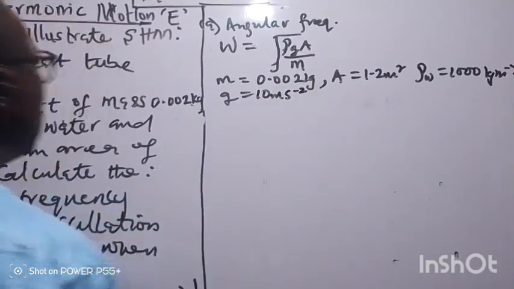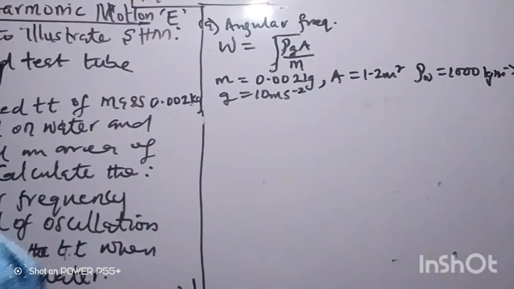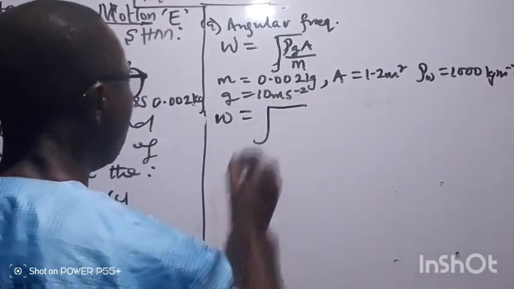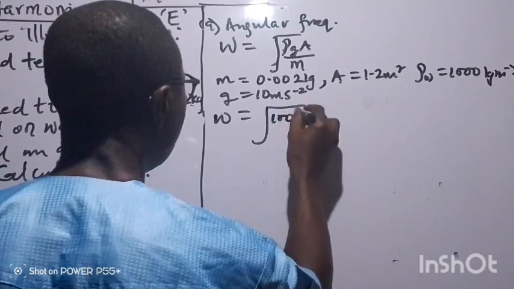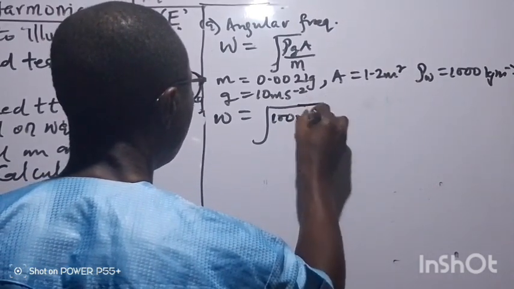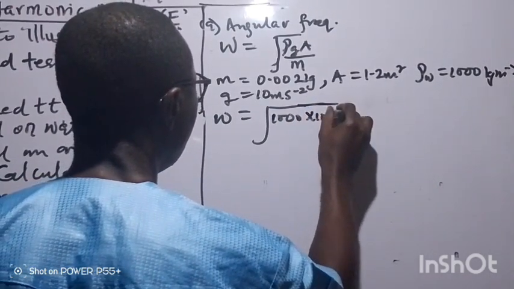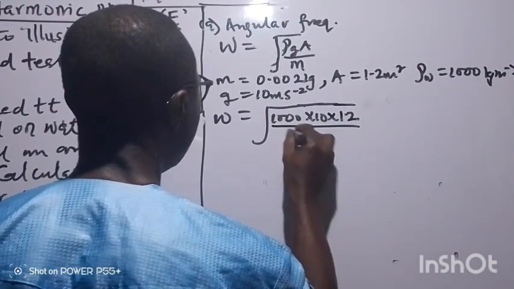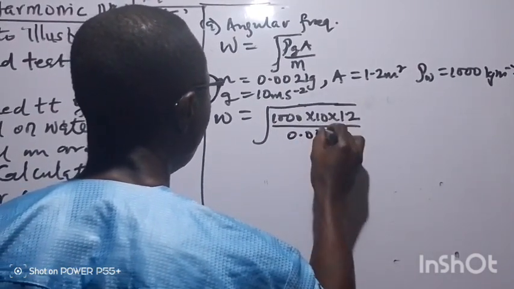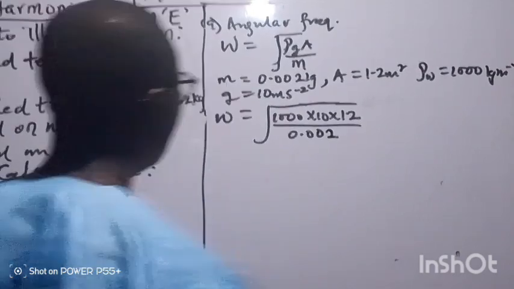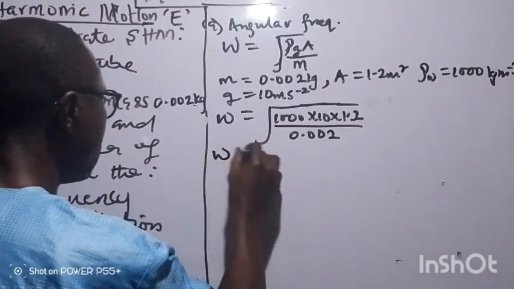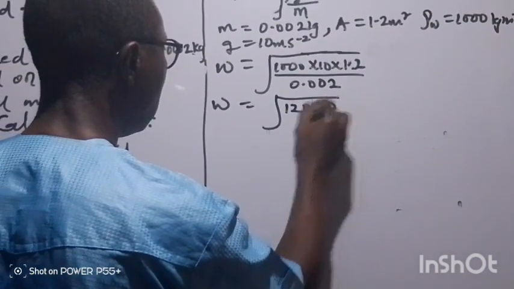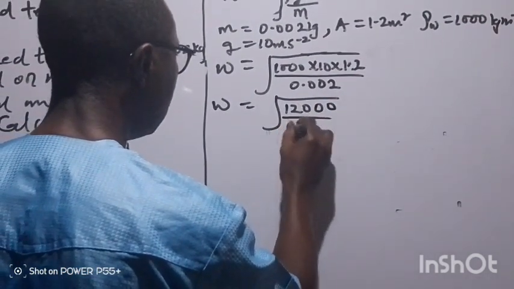So put in all this, then angular frequency will be equal to the square root of 1000 multiplied by 10 multiplied by 1.2, then divided by 0.002. Then angular frequency is equal to the square root of 12,000 divided by 0.002.